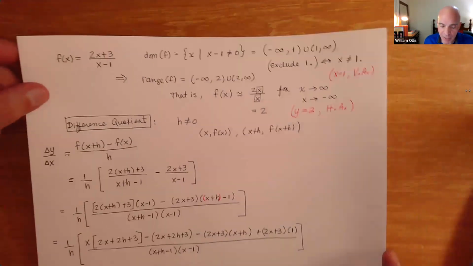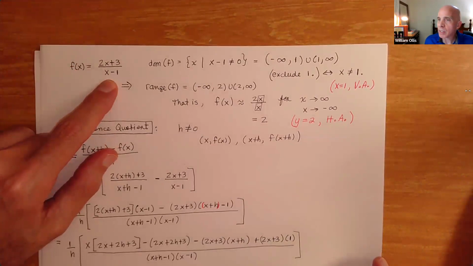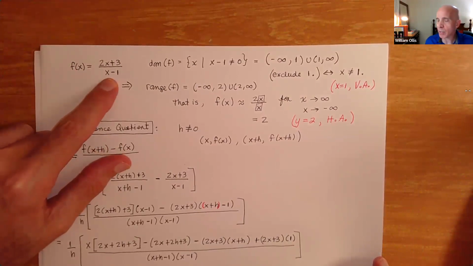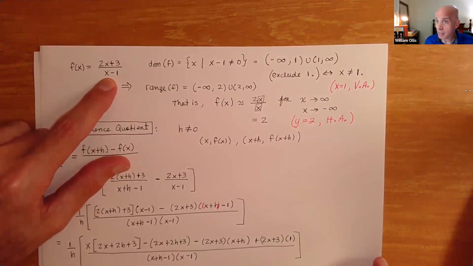When you try to construct secant lines, you have to take points that are on the graph. If you think back to high school geometry, and you drew tangent lines, which only intersect a curve at 1 point, you certainly couldn't do it at x equals 1, because that's not even a point on the graph, because it doesn't make sense.